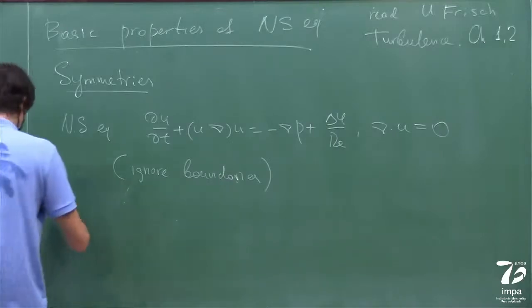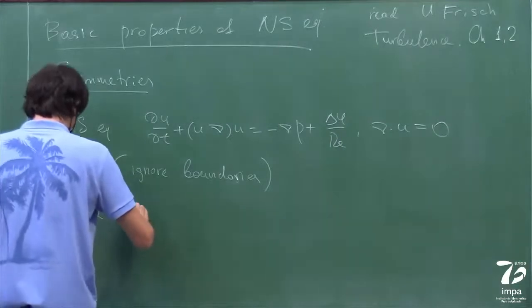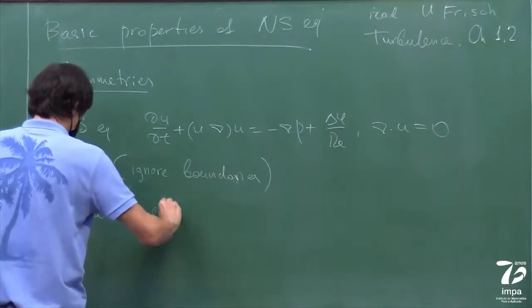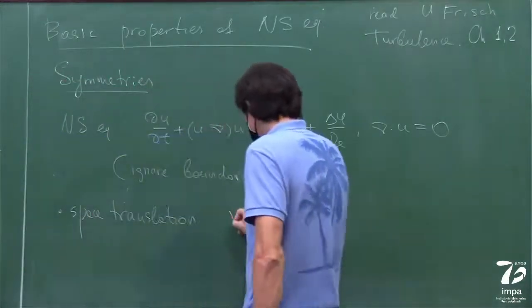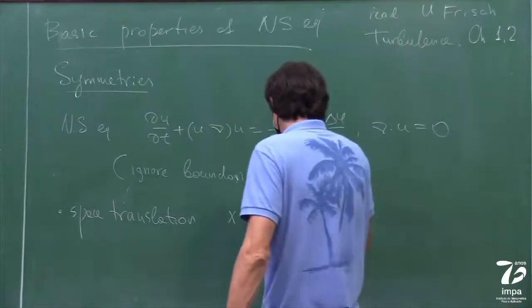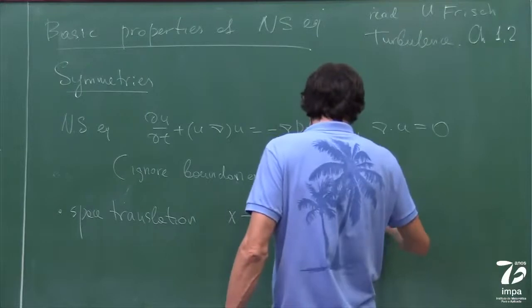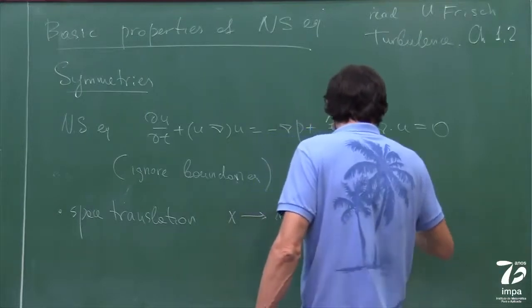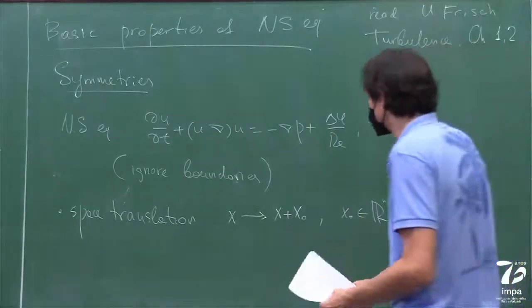So the first is space translation. Space translation means that instead of vector x, you can add any constant number x0, and it will still give a solution. So what does this arrow mean that I'm writing?